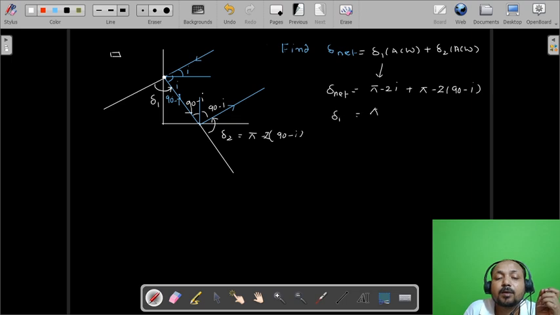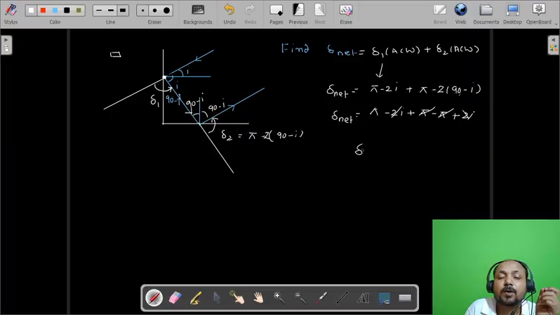pi minus 2I plus pi minus pi plus 2I. So this cancels out, this will also cancel out.